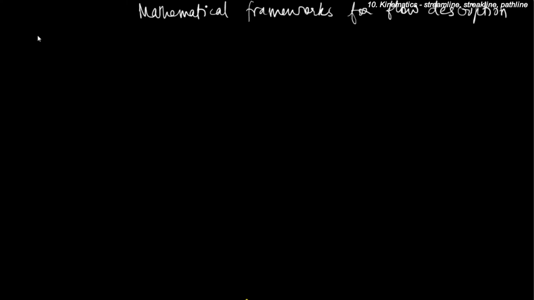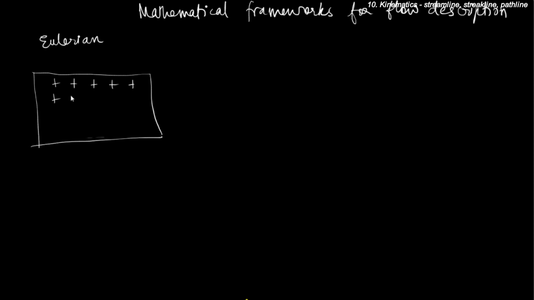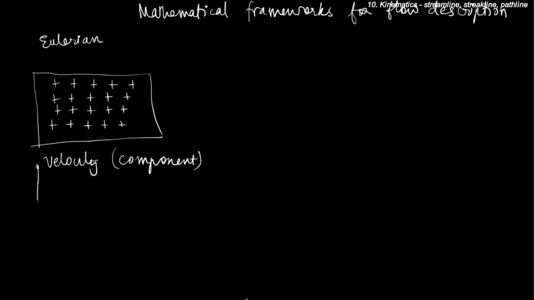So in the Eulerian description, we know that given a domain, we have information about the fluid velocity at all different points in the domain. That is, the velocity is actually a field variable. So at all the spatial points in the domain, I know the information about the velocity, all its components, and how they will evolve in time.